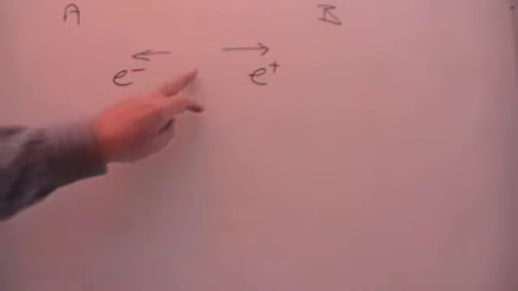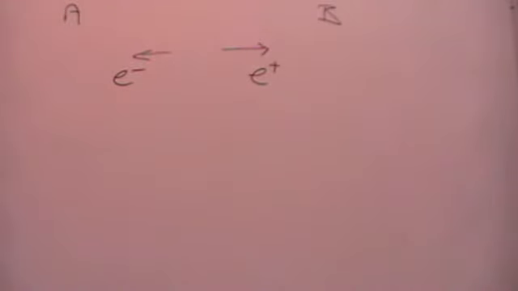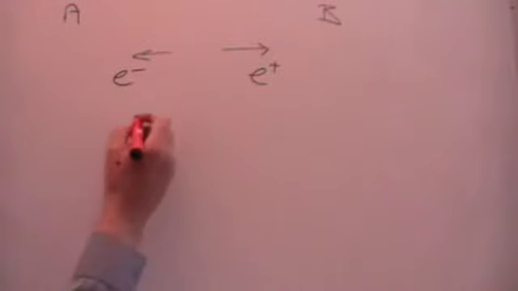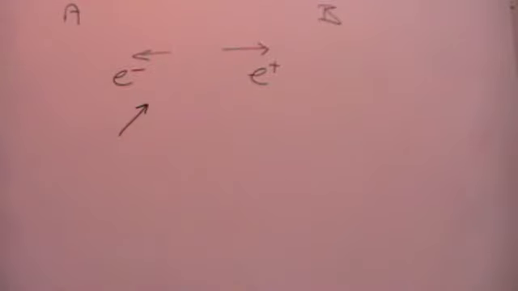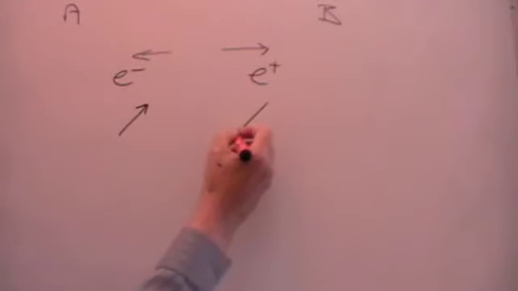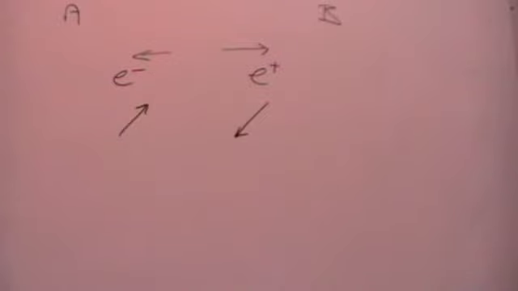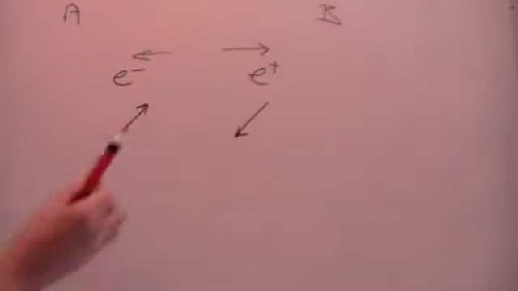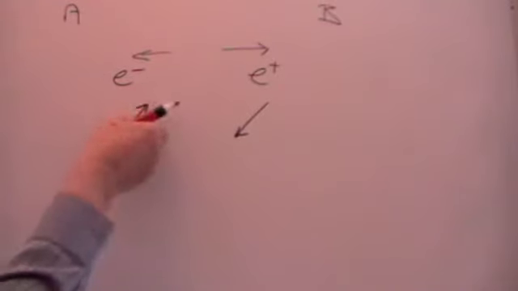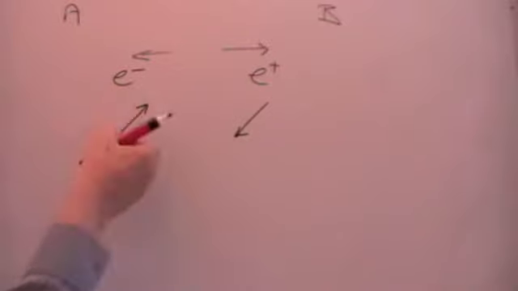But you'll recall that the original particle had spin 0, and since conservation of angular momentum is important, this means that whatever spin, we don't know what spin the electron will have, but whatever spin it has, the positron will have to have the opposite spin because the total angular momentum must equal 0, and so the two must cancel out. So although we don't know what direction this spin will be in, and for each pair production there will be a different spin, we do know that the other particle will have to have the opposite spin.